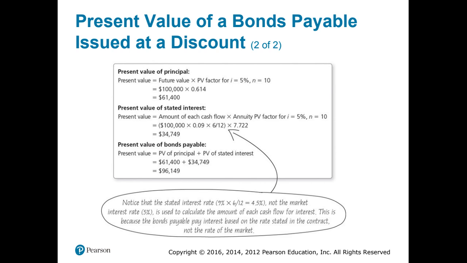So present value of principal. This is a good slide to come back on because it's listing out the three different formulas. To find the present value of principal, you take the future value times the present value factor for I equals 5% and N equals 10.